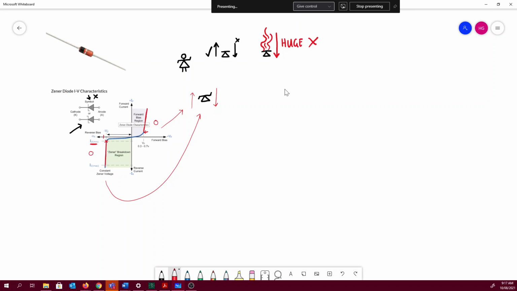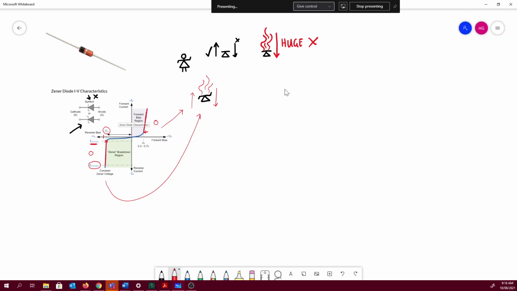And it stays in that region, which is pretty close to its rated voltage, until you get to IZ max. And if you get a Zener diode above IZ max, what do you think happens? Come on, audience participation. The magic smoke comes out. So the magic smoke comes out, and your Zener diode would be toast.